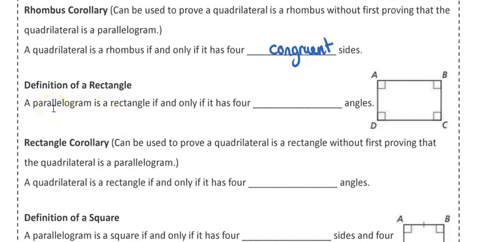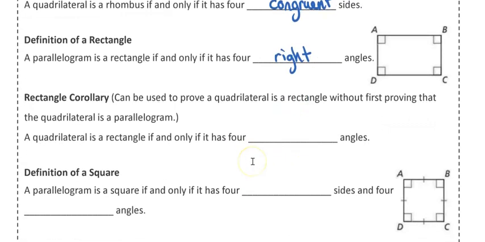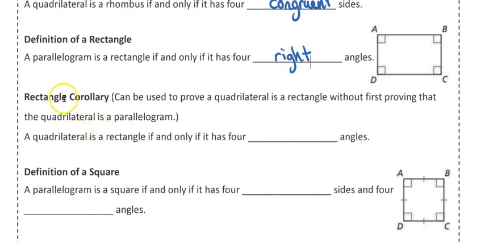So now we also have a rectangle. If you know something's a parallelogram already, and it has 4 right angles, so 4 90-degree angles, then that makes it a rectangle. The point of the rectangle corollary is that instead of starting with a parallelogram, you can just know that it's a quadrilateral.